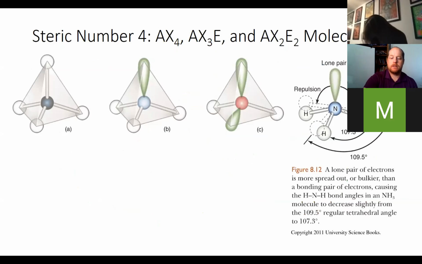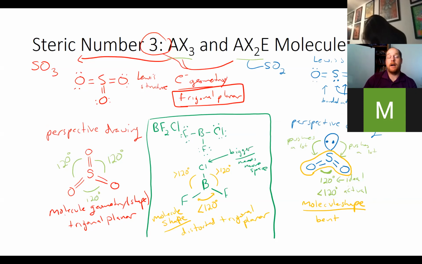Professor, I actually do have a question about determining the angles. Uh-huh. So, for example, SO3, you have 3 oxygen atoms, so you would take 360 degrees and divide it by 3. Mm-hmm. That's with any of the AX3, AX2 molecules? No, any of the AX3 or AX2E molecules, if you look at their ideal bond angles, you just say, hey, they're all going to lie in the same plane.